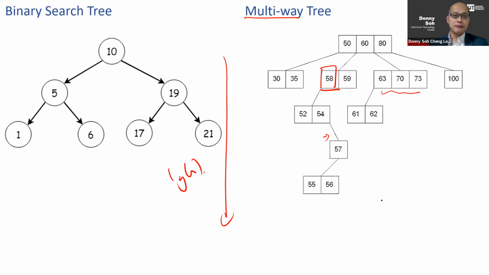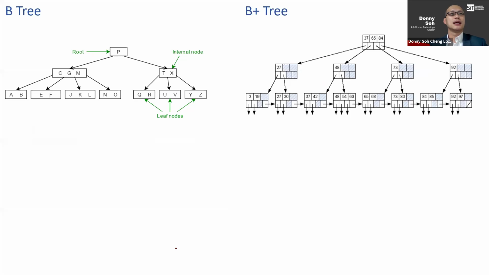We have the B tree, which we see on the left over here. In the B tree, we have the root node, similar to the M-way tree, internal nodes and the leaf nodes. In the B plus tree, at the leaf we have pointers pointing also to the next corresponding sibling in my tree.